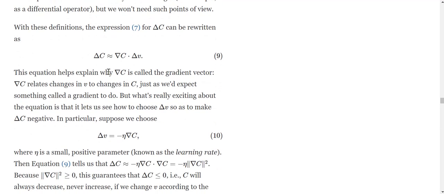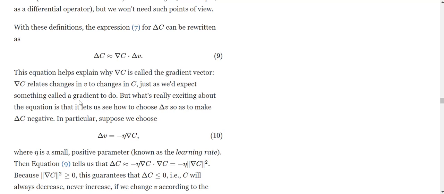So this equation helps explain why the gradient of C is called a gradient vector. The gradient of C relates changes in V to the change in C. As you can see, a change in V and a change in C are related by this. This is actually what the gradient of slope also does.